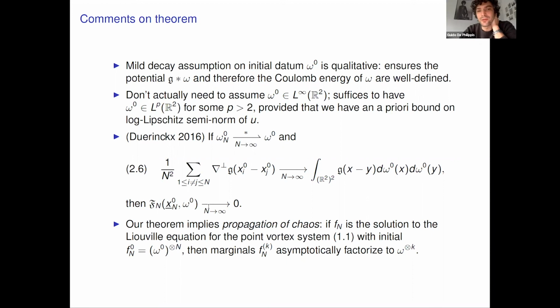And do you really need log Lipschitz, or is it enough that the ODE is well posed somehow, is unique? For the proof, the fact that the velocity is log Lipschitz plays a role. I don't know if you could modify the proof to remove that.